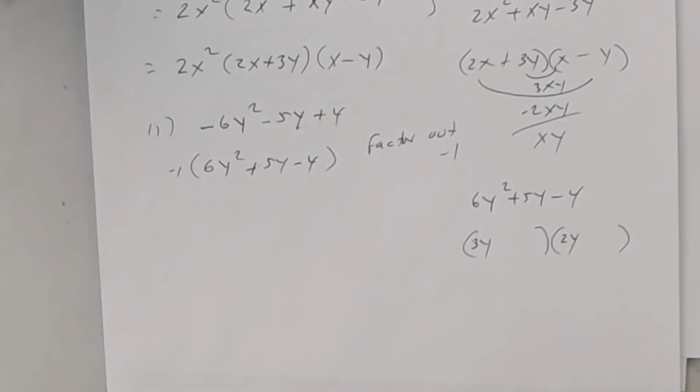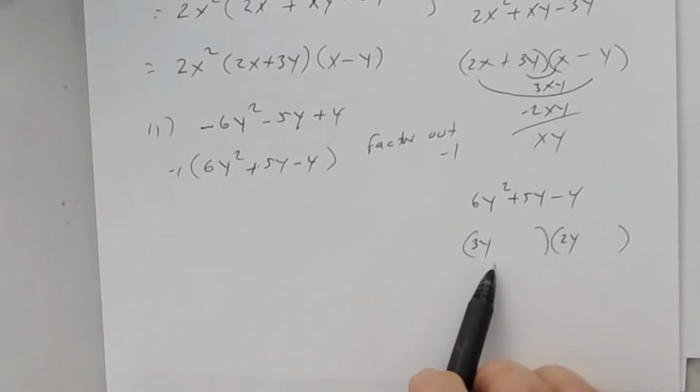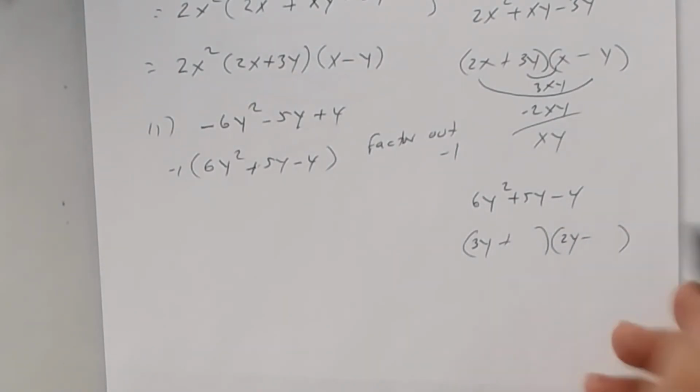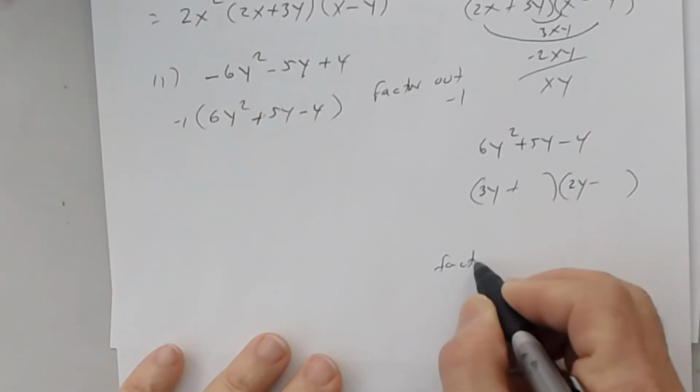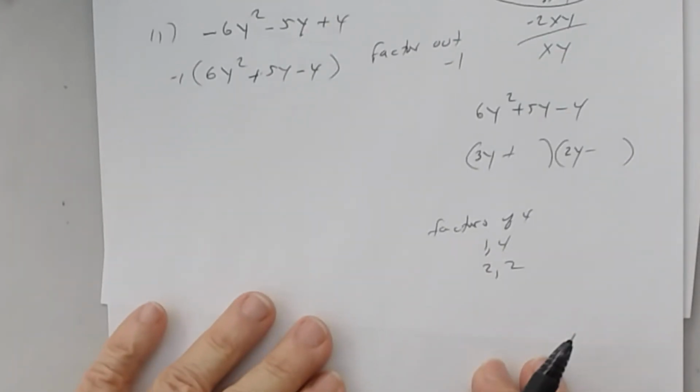Now let's talk about the last term. The sign is negative. They have to be different, so let's say plus minus. But it's a negative 4, so what are the possibilities for 4? I'm going to write it down. Factors of 4: 1, 4, 2, and 2, and that's it.